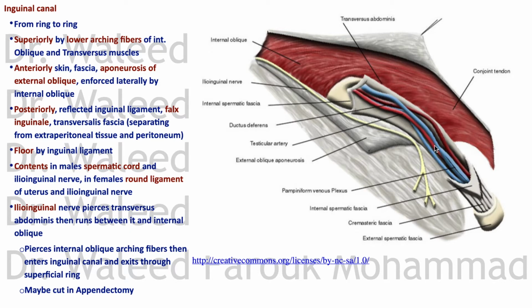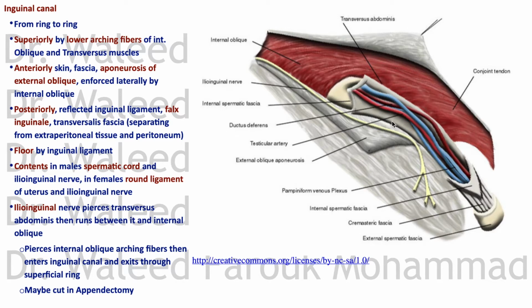Posteriorly, in addition to the falx inguinale, we have the reflected part of the inguinal ligament. Remember that part that extends from the right crus at the superficial opening to the linea alba? It forms part of the posterior wall as well.